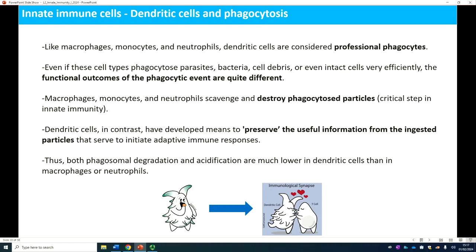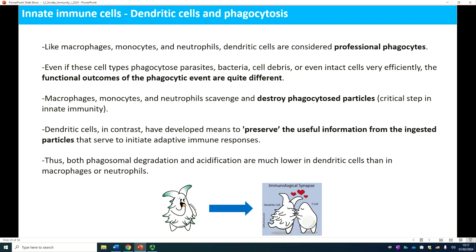Now, we've already said that the macrophages, the monocytes, the neutrophils, and the dendritic cells are all professional phagocytes, and they're all very effective at phagocytosing bacteria, parasites, or cell debris. Even though they're very efficient, the actual outcomes from this phagocytosis can be quite different when it comes to dendritic cells. The macrophages, monocytes, and neutrophils will essentially scavenge, phagocytose particles, and destroy them.